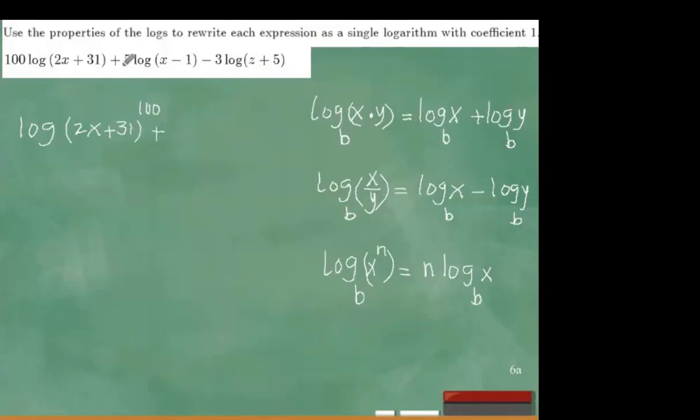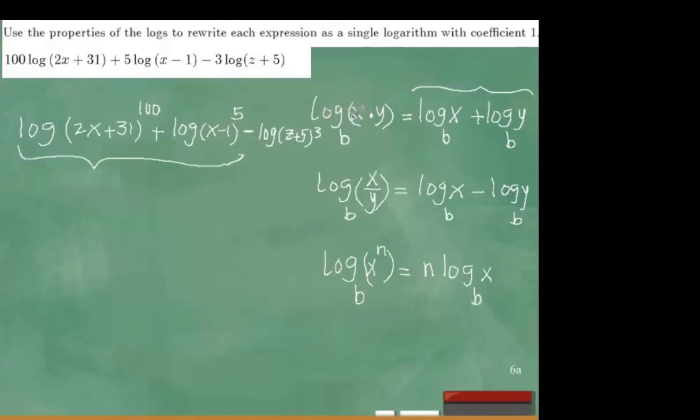Plus, I do the same thing with 5. That would be the same as log of x minus 1 to the power of 5. Minus, and write the last one as log of z plus 5 to the power of 3. Now, if I combine these two, this would be the sum of 2 logs.